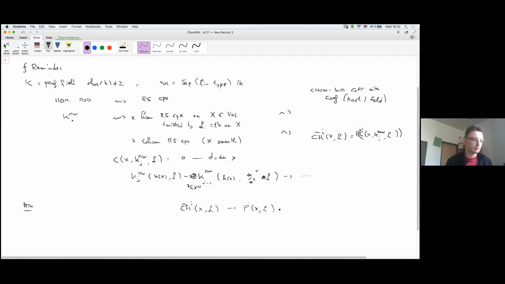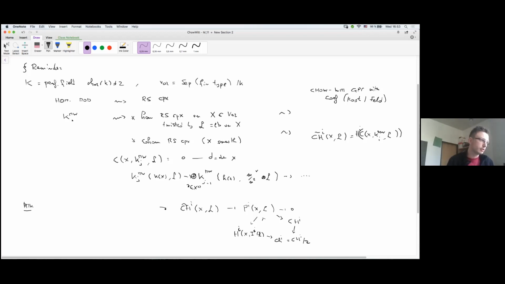And on the right-hand side, we find this thing that I call P^i(X, L), which is nothing else than the pullback of the Chow group fibered over the Chow group mod 2 with the cohomology of the fundamental ideals, twisted by L. There was an I here, so this is an I, this is an I.